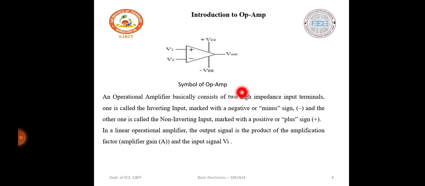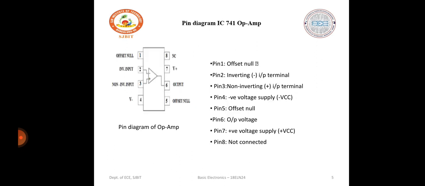The first one is the positive supply voltage, second is the negative supply voltage, and the output terminal V out, and we have the input voltages, the inverting input terminal and the non-inverting input terminal. The positive supply voltage is plus VCC and the negative supply voltage is minus VEE. So this is how the symbol of the op-amp is represented.